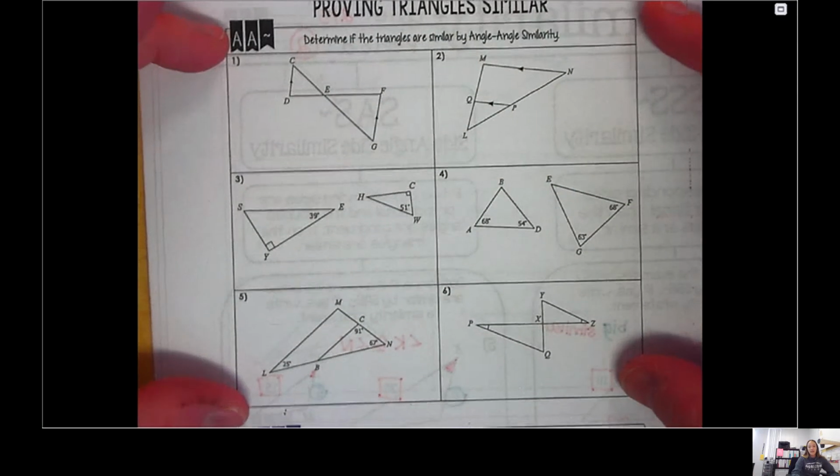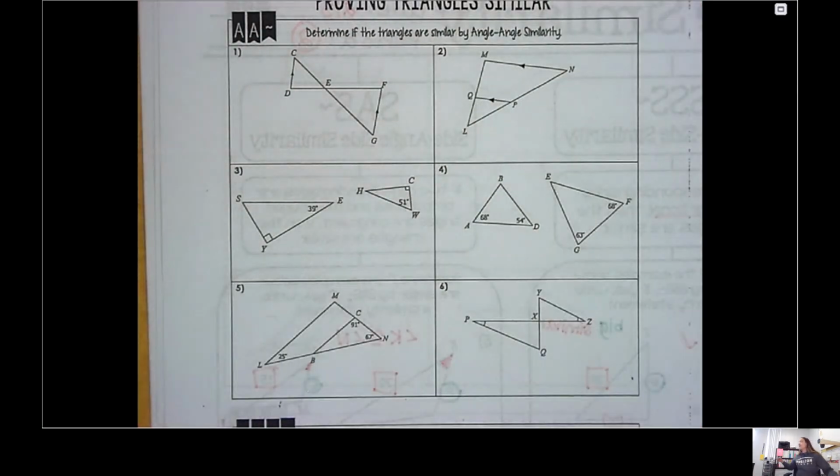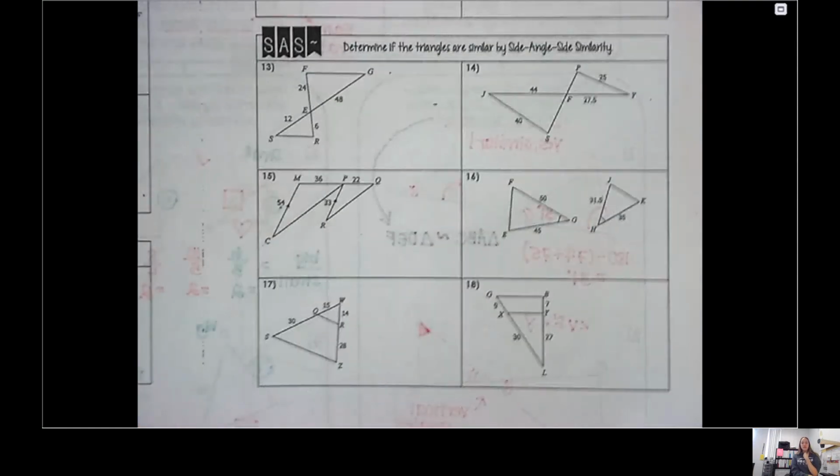If they match, you're going to write a sentence. If they're not similar, you're just going to write not similar. So really, it should be pretty quick because you're either really just writing yes or no. Not that hard, right? Okay, and so the first section's angle, second section is side, so you got to do some fractions, and then the third one is side, angle, side. So it should match with the front.